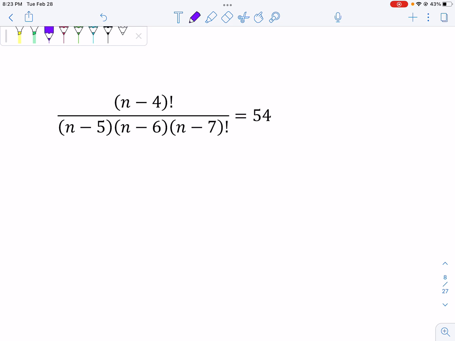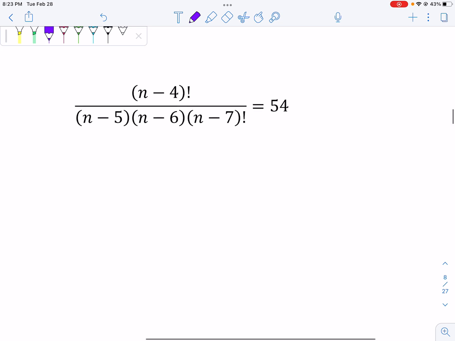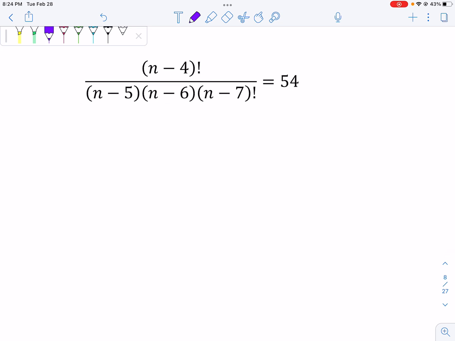As we go through this, there's really a bunch of different ways that we can tackle this. And maybe the way that we'll tackle it is similar to how we tackled the one above. I'm going to start by looking at that denominator and say, hold up. Instead of writing that as n minus 5 times n minus 6 times n minus 7 factorial, that can just be simplified. I'm going to leave everything else as is.